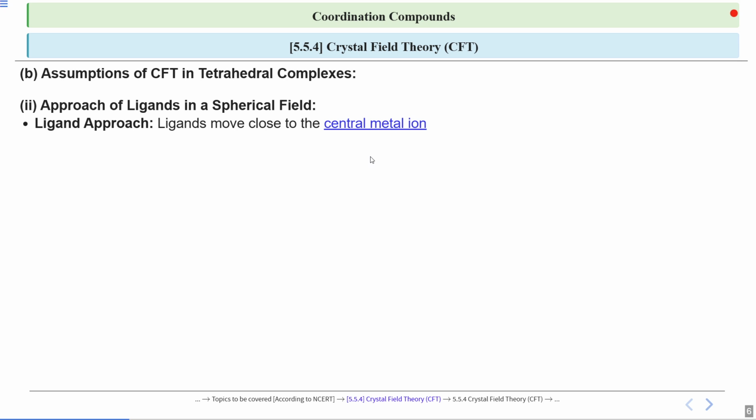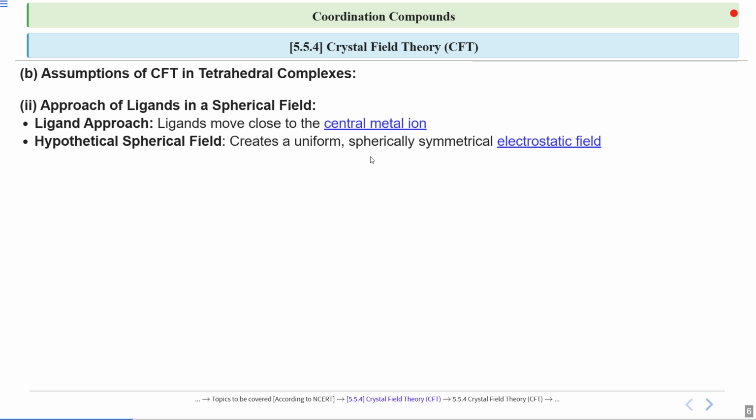Now the central metal has to make a bond with the ligand, so the ligand approaches the central metal ion to form the bond. That's what we are saying: the ligand is approaching the central metal ion.